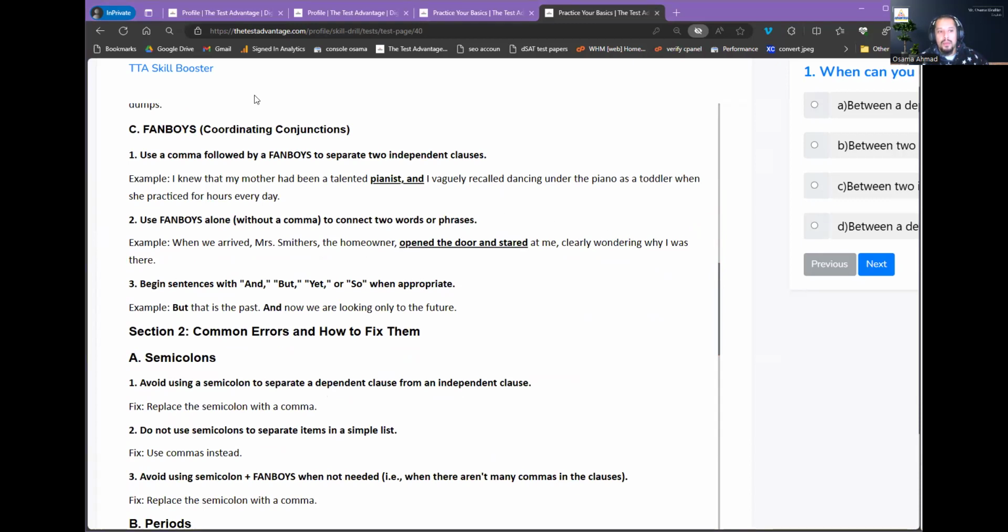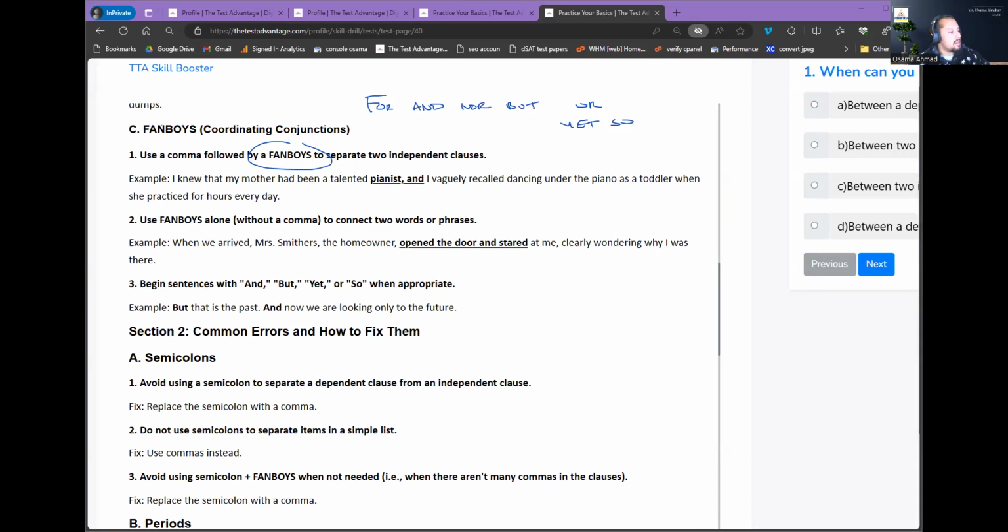Comma fanboys. إيه هم comma fanboys? For and nor, but or yet so. الكاما fanboys زي period. الكاما fanboys زي semicolon. You must have two independent ideas.